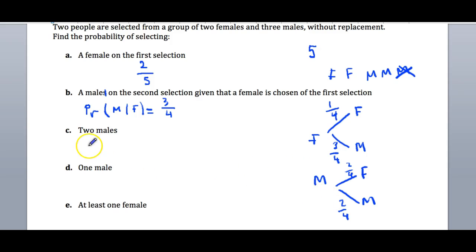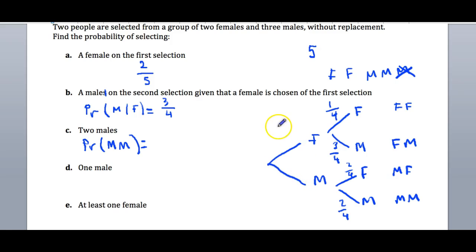The probability of 2 males, so we've got M and M. So the probability of MM. And if you want to list all your outcomes, we have FF, FM, MF, MM. So the probability of getting the first male, and maybe I should put this branch here.